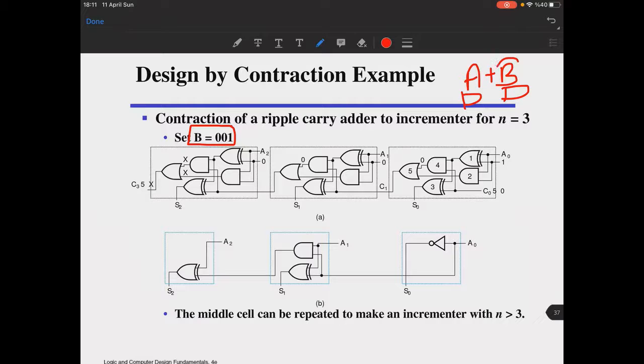But instead of having the second number, you will have directly 1. So it will be an incrementer. If you use full circuitry here, it would look like this in the above part. But how can you contract or minimize this by applying 1 0 0 here for the second number?